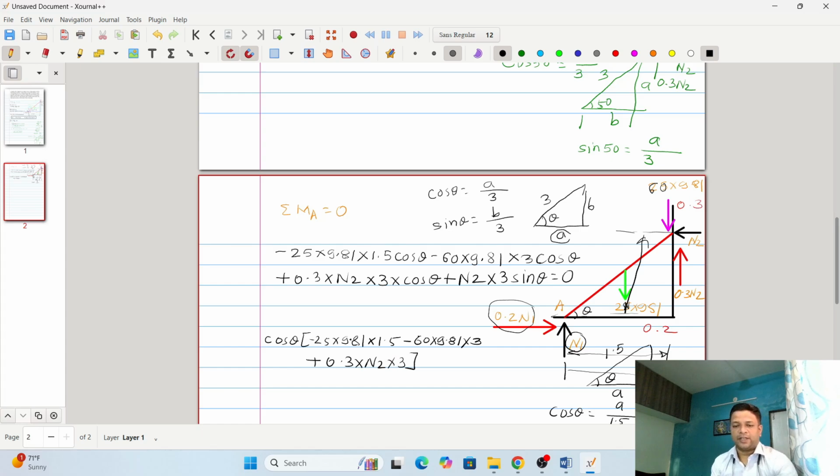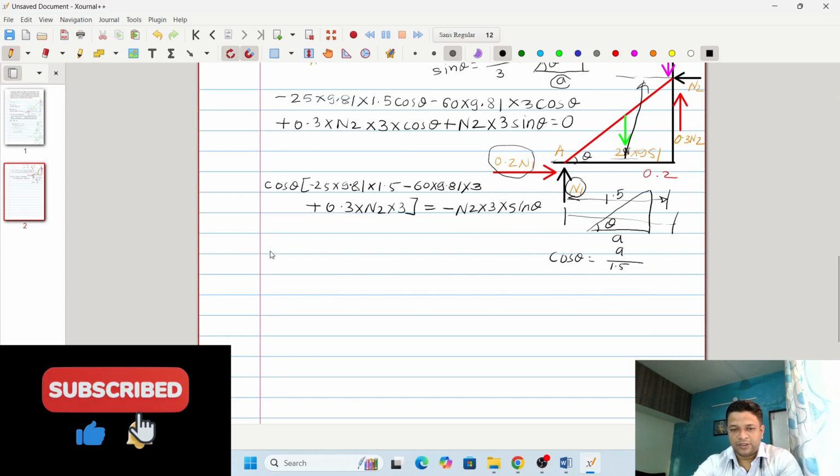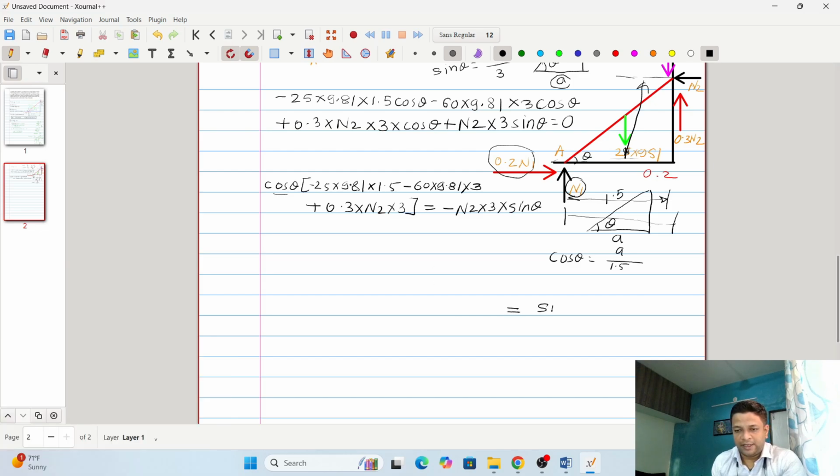So this is the complete cos theta term. Then take the other term to the right side, so minus N2 into 3 into sin theta. Here we can find sin theta by cos theta relation. So take this cos theta to the other side, and it becomes sin theta divided by cos theta, which becomes tan theta.